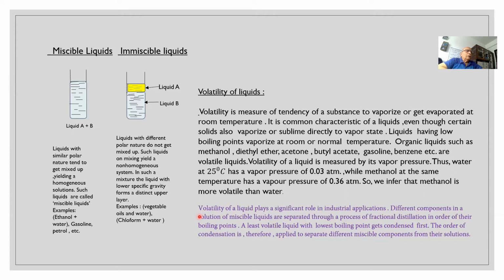Suppose there is a certain volume of any liquid, say water. When it spreads on our floor or any surface, after some time we find that the quantity of water goes on decreasing, and finally it disappears. Why does it disappear?